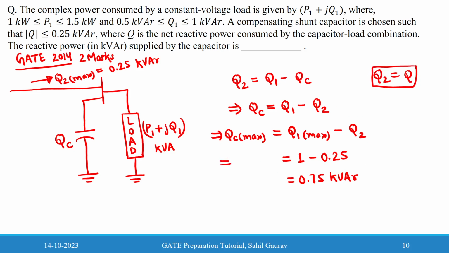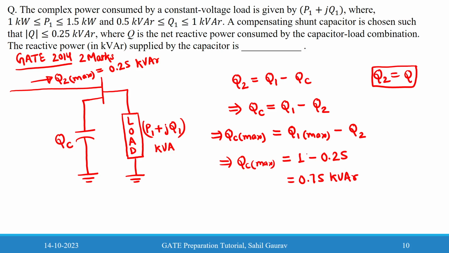Sir, how is Q1 taken as 1 kVAr? Suppose you have taken a lesser value. If you take a lesser value, then the limit gets violated when Q1 increases. Q2 max will be 0.25 kVAr.